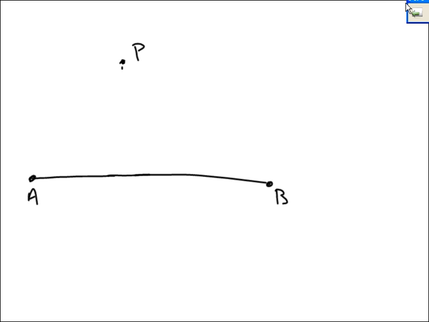So you put your compass needle here, you open it up long enough so you get an arc down here. These are the key points. Now, you put your compass needle here and open it up long enough so it touches there.